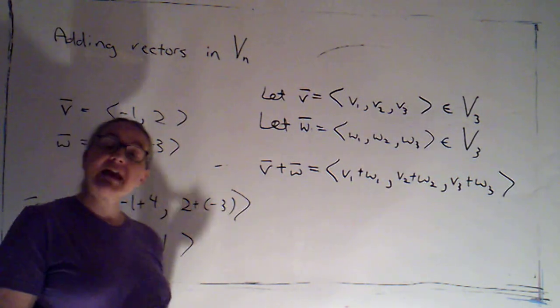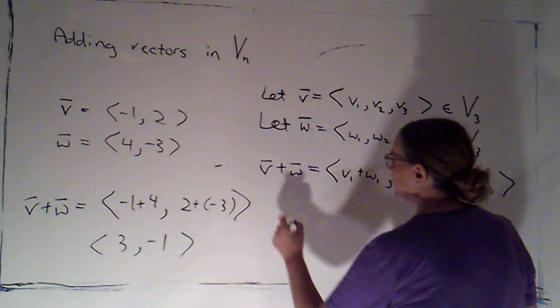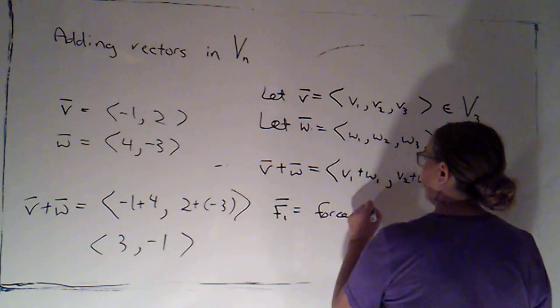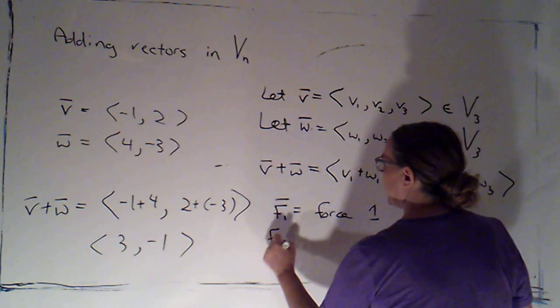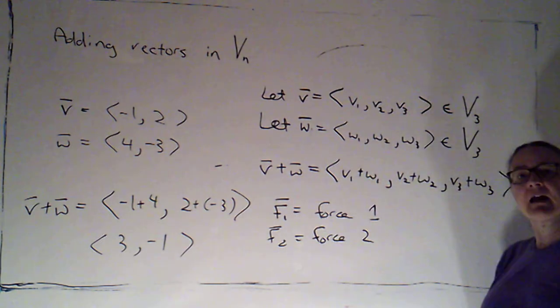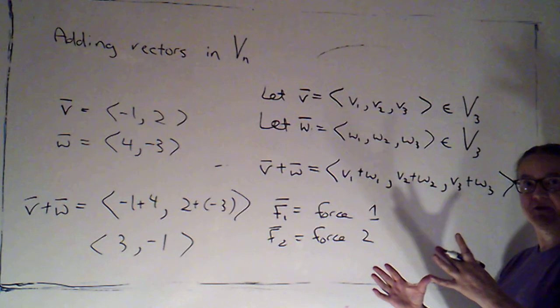One time where I might be adding vectors is if I'm applying 2 forces. Okay. If F1 is force 1 and F2 is force 2, and let's say I'm applying both forces to the same object. Okay.